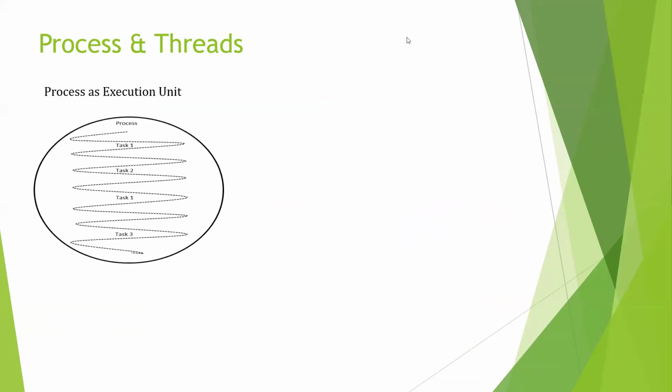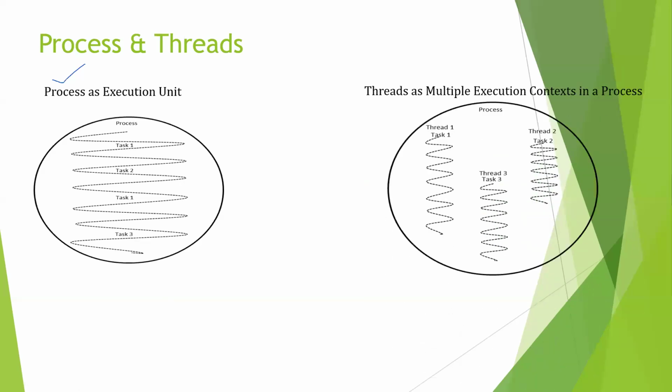Who is executing? The process itself will execute? No, the process will not execute. Again, a process is a kind of container for your queries. Who is executing the queries is your worker, or we call it a thread. So you will have threads executing your queries.